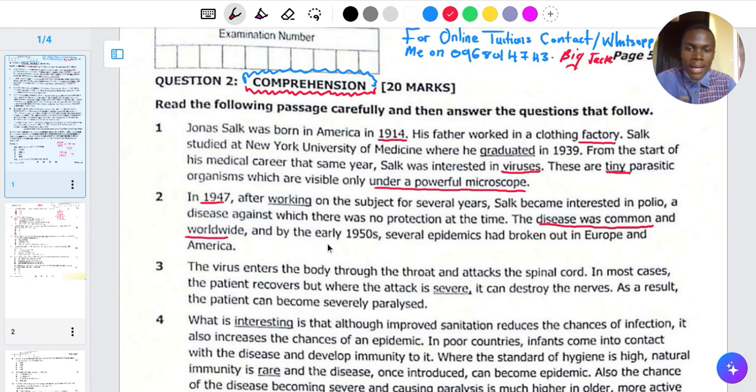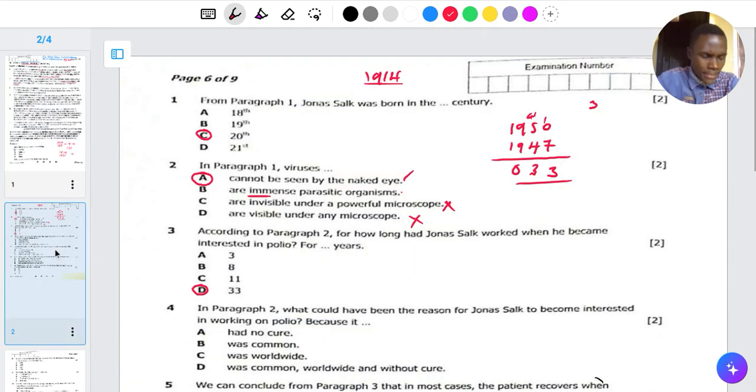And by the early 1950s, several epidemics had broken out in Europe and America. So the reason why he became interested in working on polio is because this disease was common and worldwide. Something which is affecting the whole world has to be worked on. So that's the reason why he was interested.